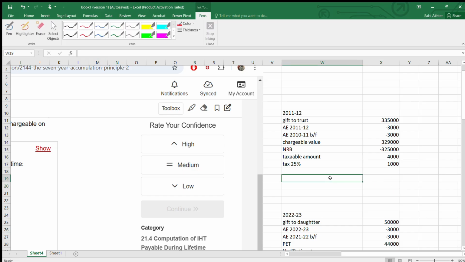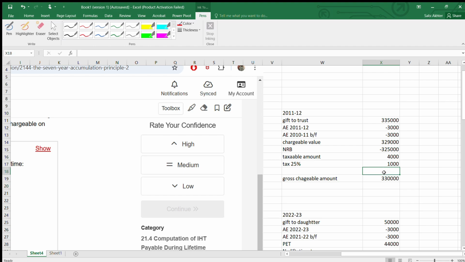See here, the gross chargeable amount would be the chargeable value plus the tax 1,000, 330,000.